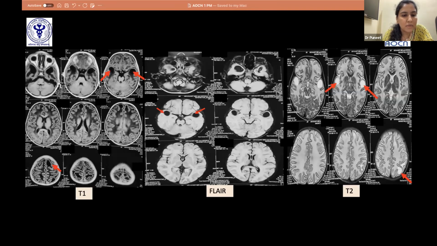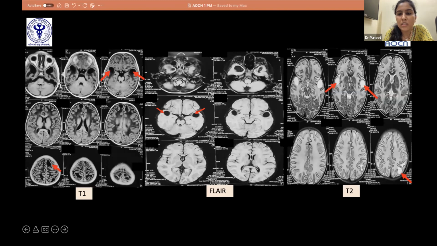The first image is a T1 axial MRI section. Second is a FLAIR section, and the third is a T2 axial section. Here we can see diffuse cerebral white matter involvement in the form of diffuse hypointensities seen on T1.